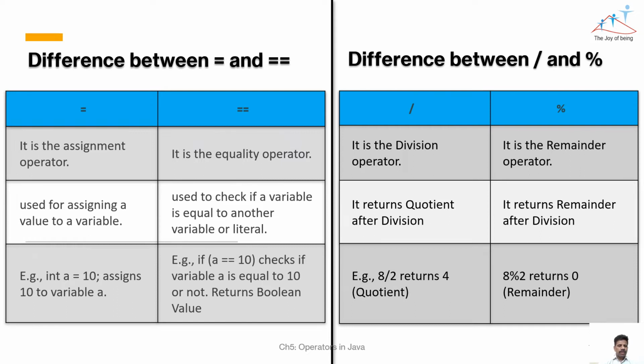The assignment operator is used to assign a value to a variable, while the equality operator is used for checking the equality of two operands. When we use the assignment operator, it assigns a right hand side value to a left hand side variable, and when we use the equality operator in a Boolean expression, it compares two values and returns a Boolean value.